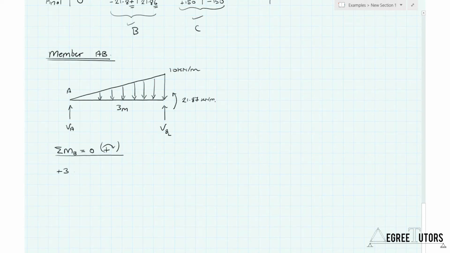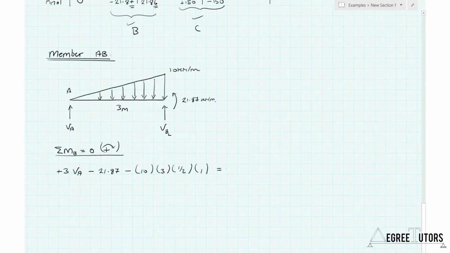So plus 3 times the vertical reaction at A, minus the moment, which is 21.87, because remember it's anti-clockwise, minus 10, the UDL, times it acts over 3 meters. It's triangular, so I'm going to multiply by a half, and the resultant of that load will act 1 meter out from what is essentially the base of the triangle, which would give me a lever arm of 1.